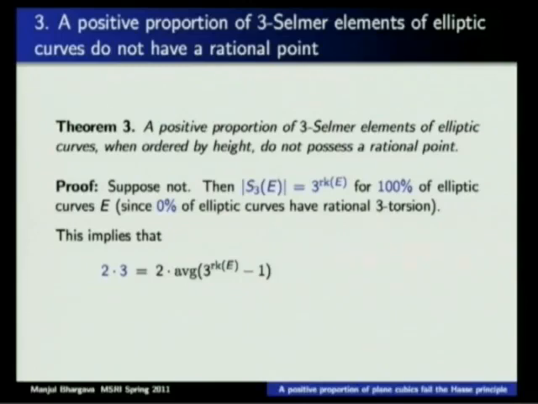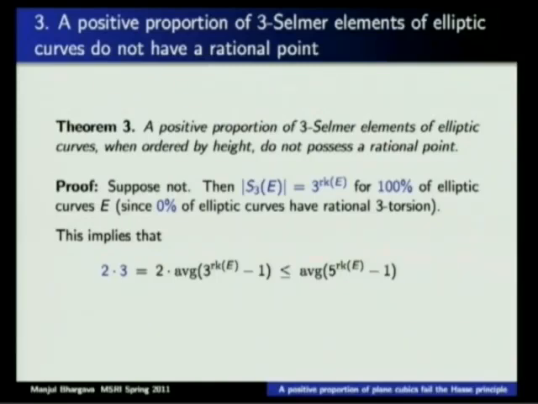Everyone good here? Now we use the fact that 2 times (3 to the n minus 1) is always less than or equal to 5 to the n minus 1. If you think about it, for an integer n, 2 times (3 to the n minus 1) is always less than or equal to 5 to the n minus 1, with equality when the integer is 1. We only need to know that on integers, and luckily that's true on integers.